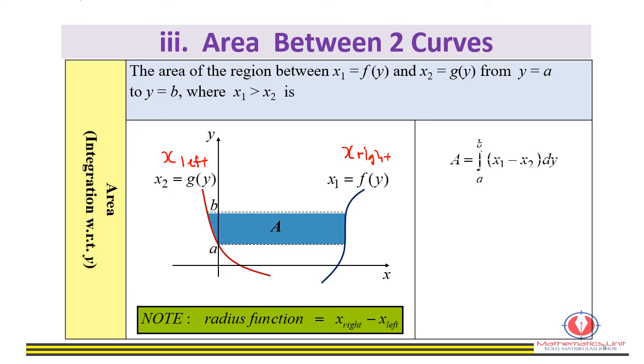That's why we have the area as the definite integral of x1 minus x2 with respect to y. That is, the definite integral of f(y) minus g(y) with respect to y from y equal to a to y equal to b.